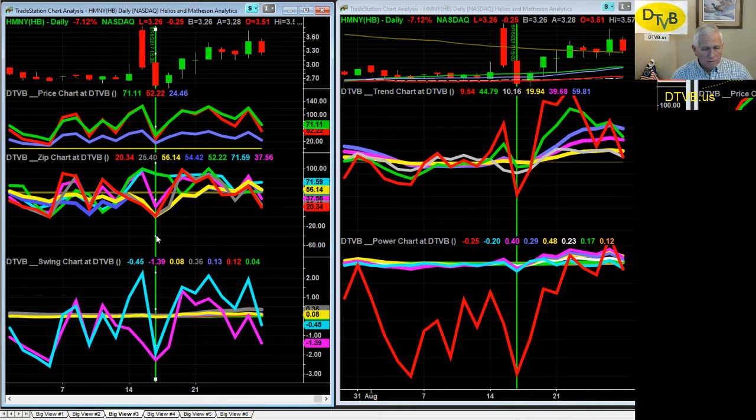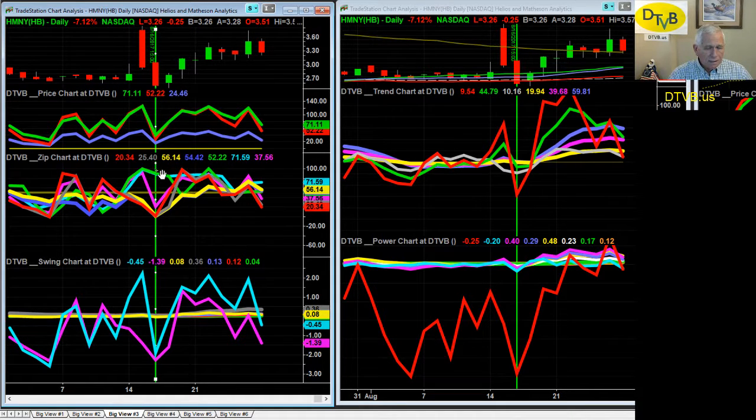And if you don't know it, when zip blue is lowest, it can be a decent next day up. It's usually a next day rather than an uptrend, unless you have more corroborating evidence, as they say, like with the power 3 or the power 4.